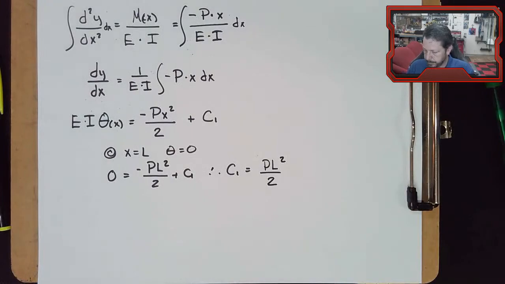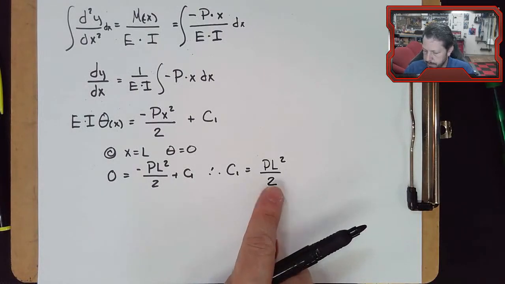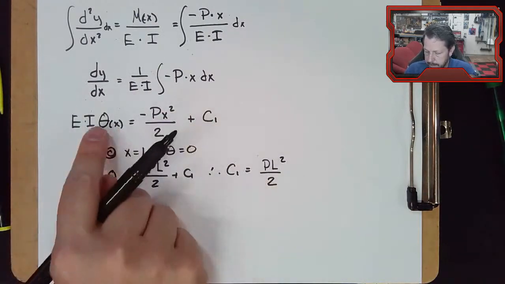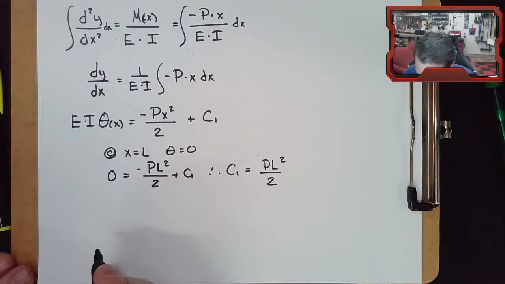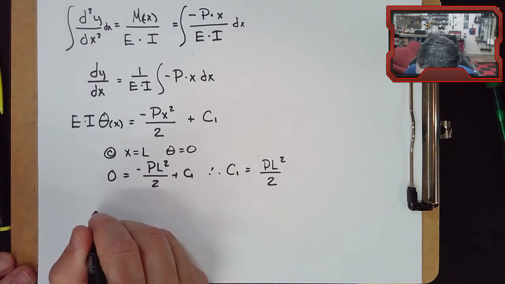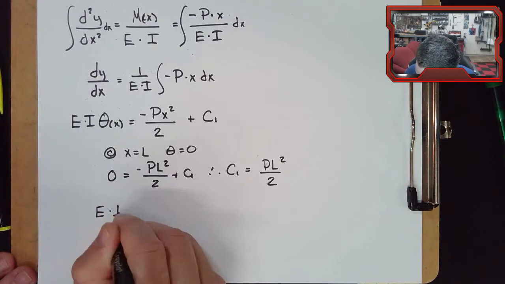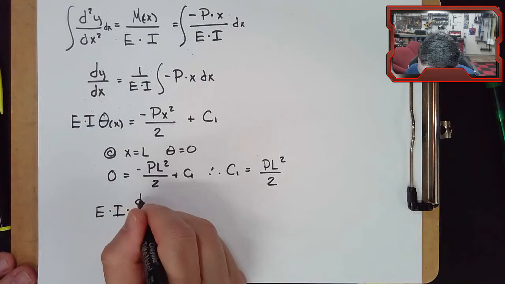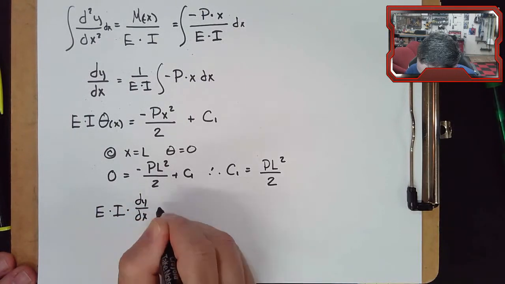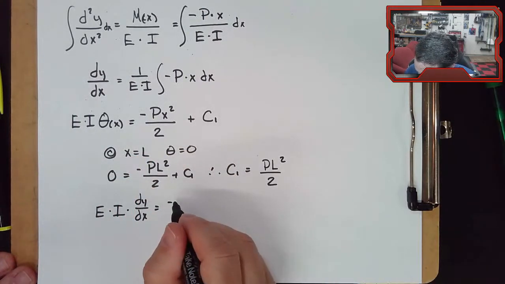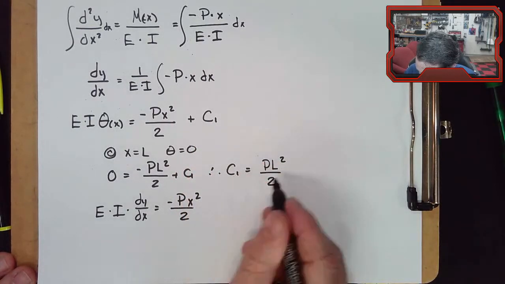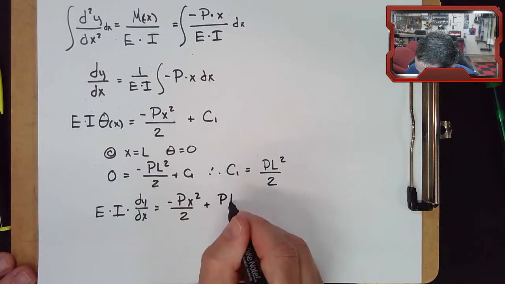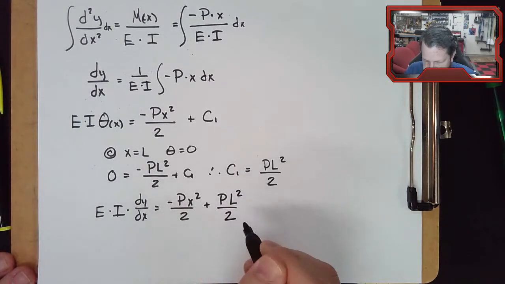All right, so now we can take this PL squared over 2, plug it into this equation. I'm going to change that back to dy over dx because we're going to integrate in a second. And we have EI times theta is dy over dx equals negative px squared over 2 plus C1, which is plus PL squared over 2.